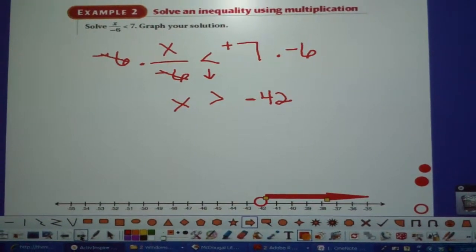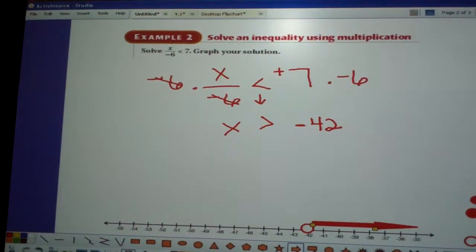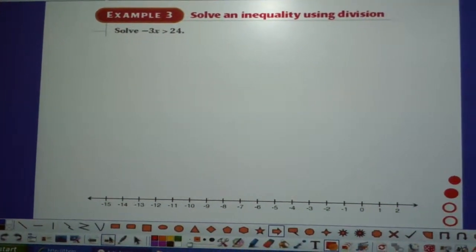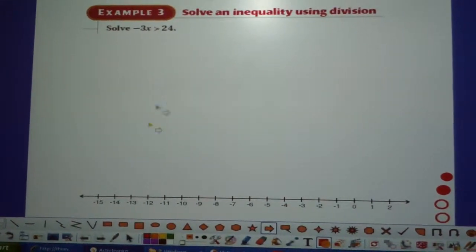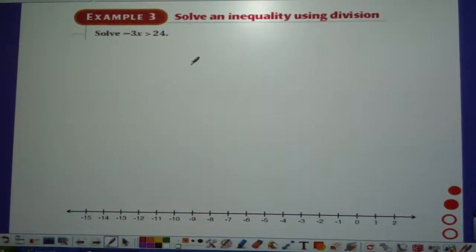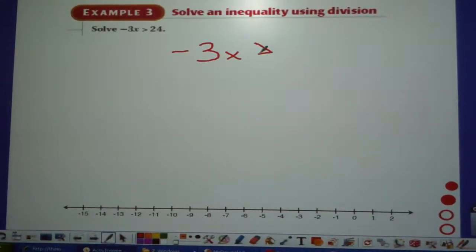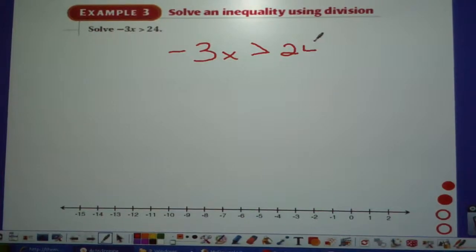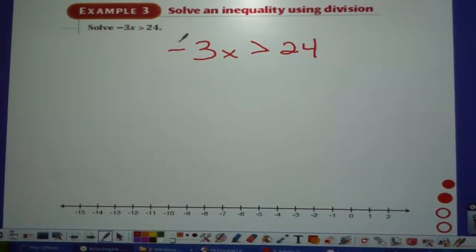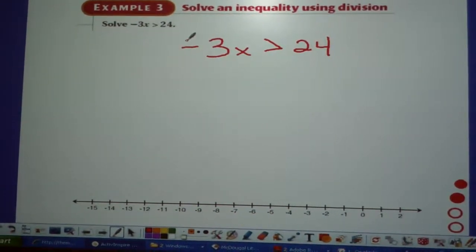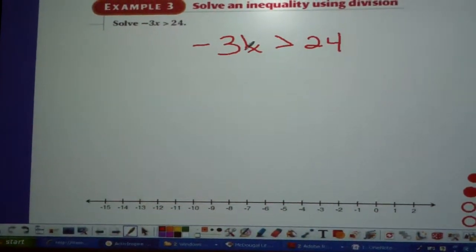Let's try another one. We have negative 3x is greater than 24. Here our relationship is that negative 3 is being multiplied by x.